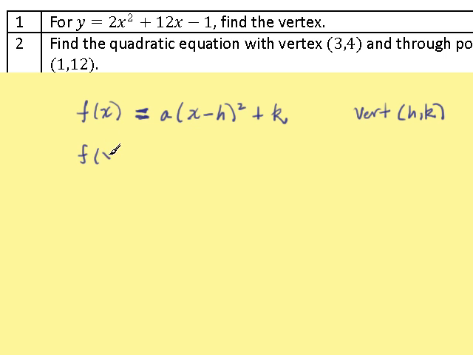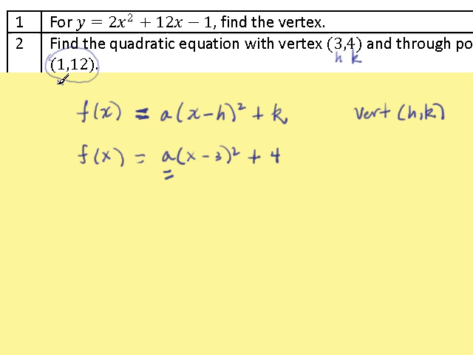So we have f of x is equal to a. Here's our h, here's our k. So we have (x minus 3) squared plus 4. And we just have to figure out a, and that's where this point comes in.